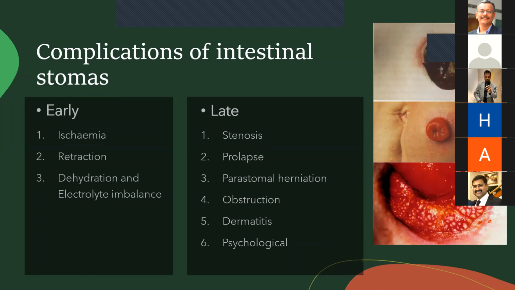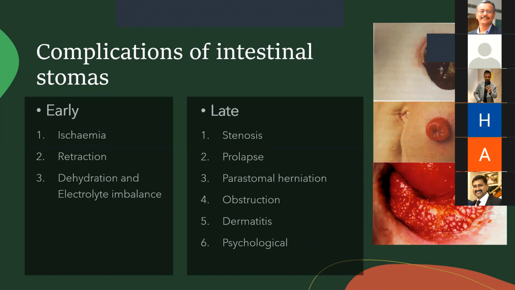In those cases, we have to reapproach the patient. We have to refashion the stoma until a proper pink color spout is achieved. The second complication that may arise is that a stoma can get retracted inside.